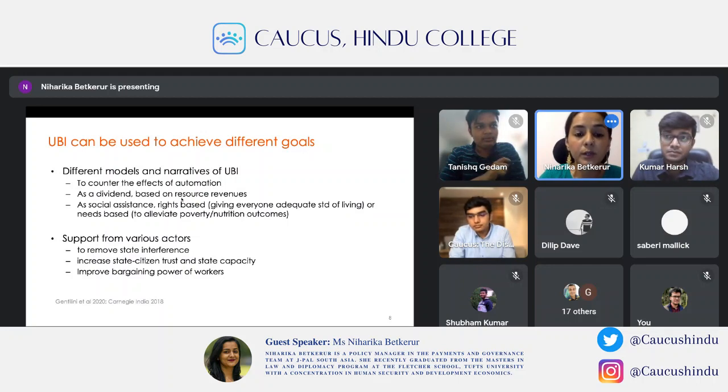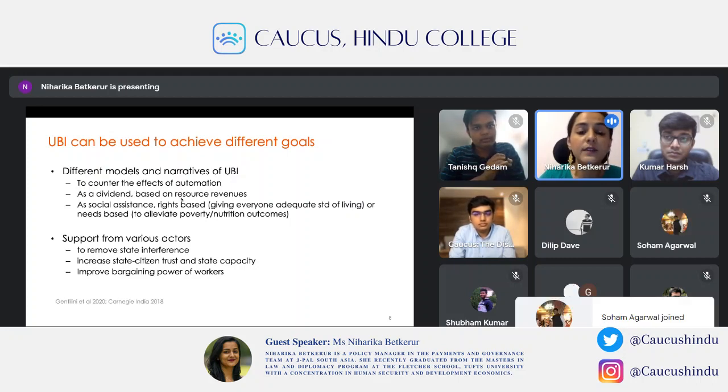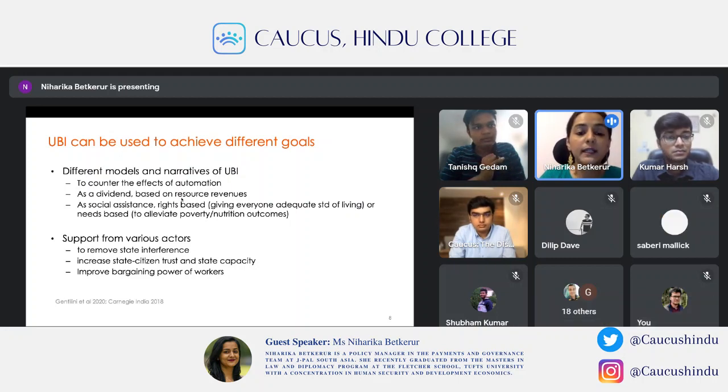So in order to remove that state interference, they could consider UBI. Some policymakers or governments can also use UBI as a way to increase citizen and state trust. So the fact that you're receiving a benefit regularly, reliably from the government can actually increase that state-citizen trust and improve governance outcomes more generally.